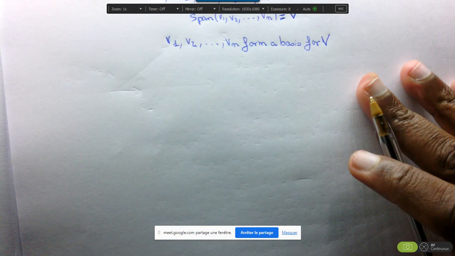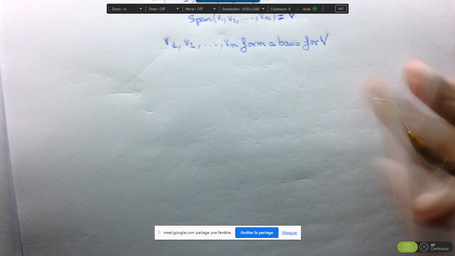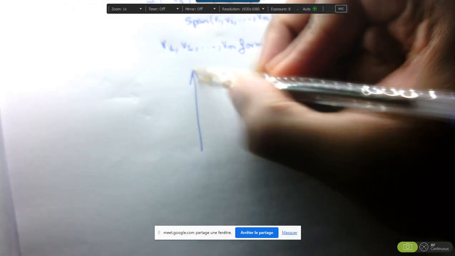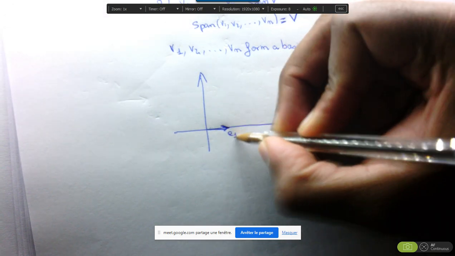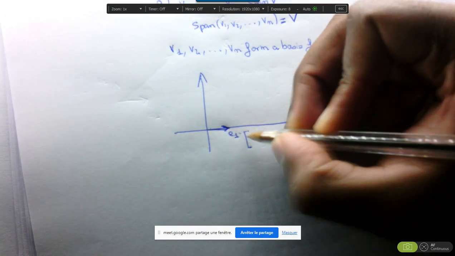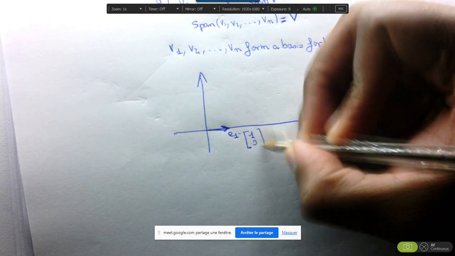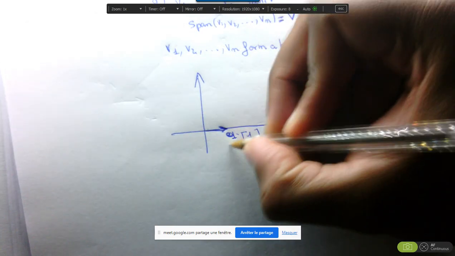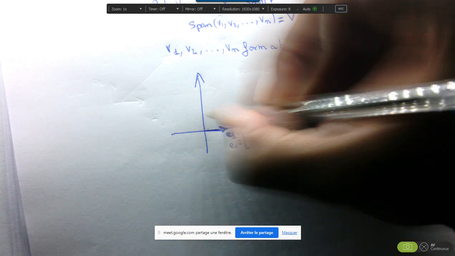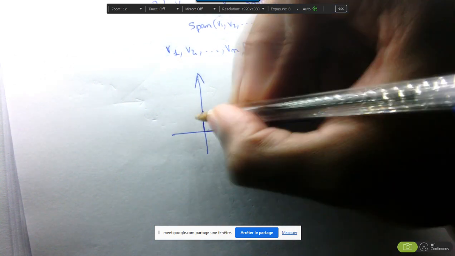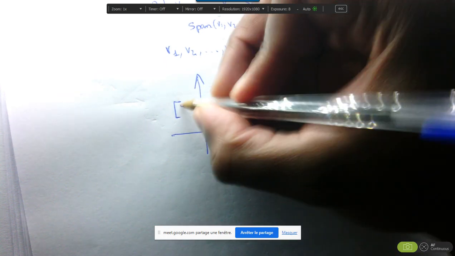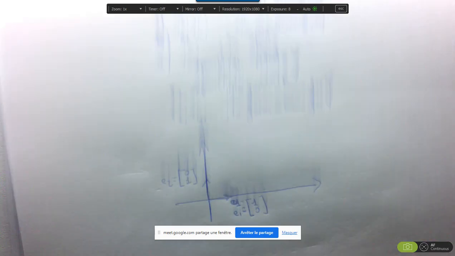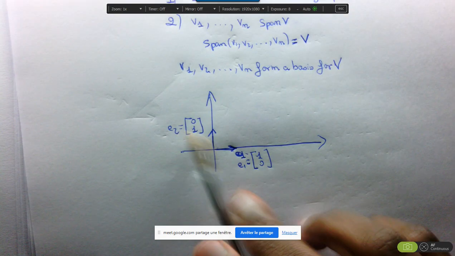The simplest basis that we can think of is these two vectors: e1, which is your 1 0, and e2, which is your regular 0 1. We've seen previously that e1 and e2 were linearly independent.